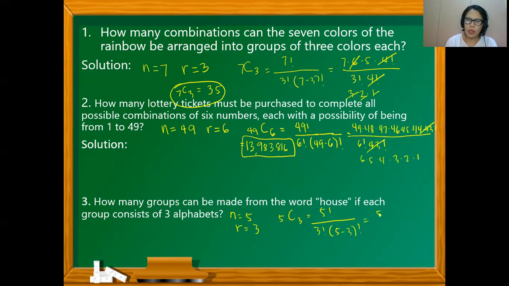So this is 5 times 4 times 3 factorial all over 3 factorial times 2 factorial. So this will be canceled and we know that 2 factorial is equal to 2. So we have 10. So combination of 5 taken 3 equals 10.